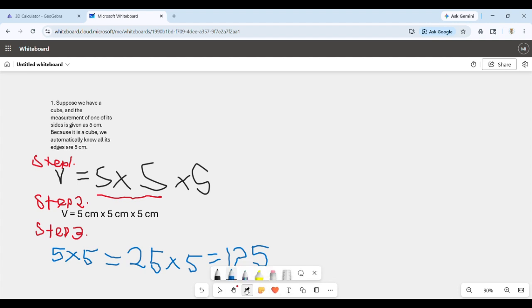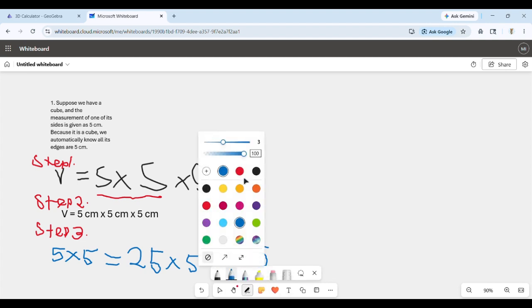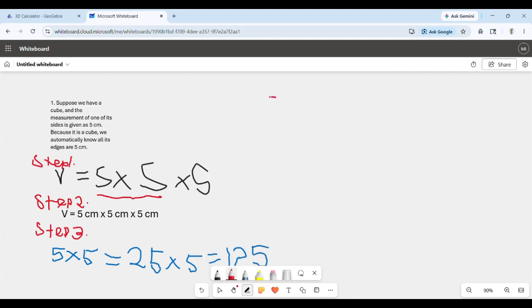So step 4, change the color. Now step 4, we will write here. Step 4 is attach the correct cubic units. So copy the 125.